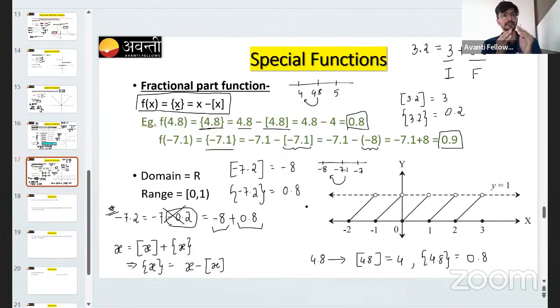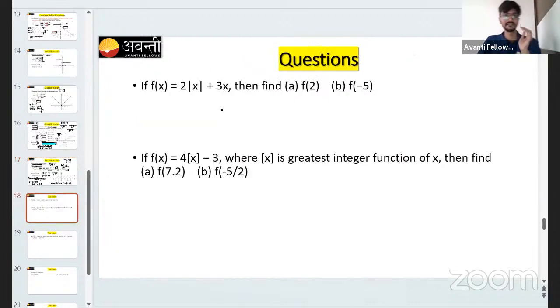We split the fractional part function by the definition x minus step of x and so on. You'll understand when we do the question, but just let me tell you, use the definition of the function. Don't try to get direct answers. So if I take this example, I've taken very simple examples to start with. So let's see.